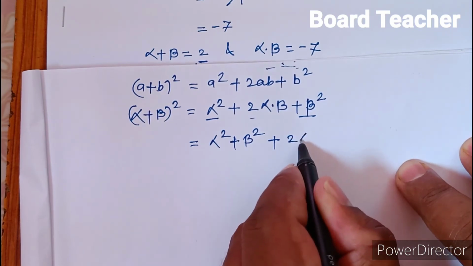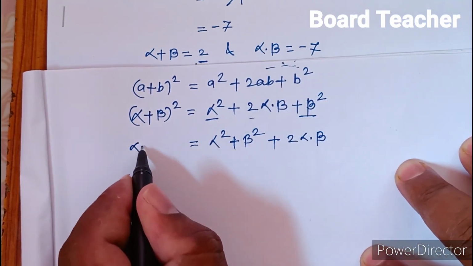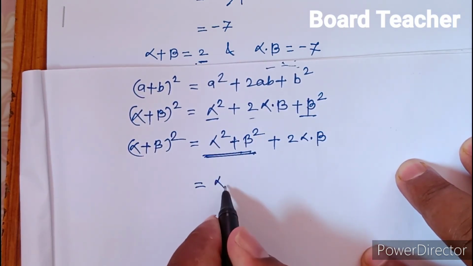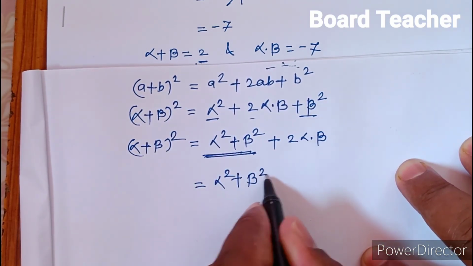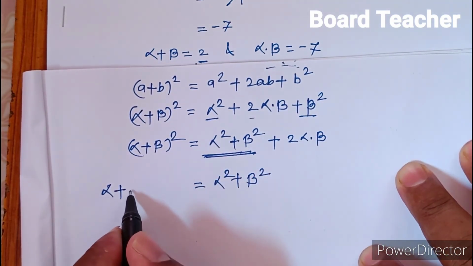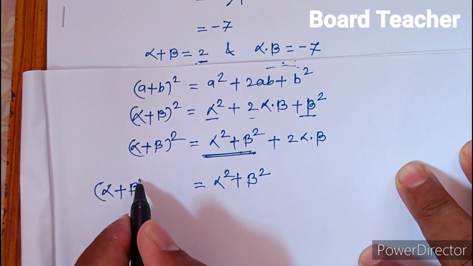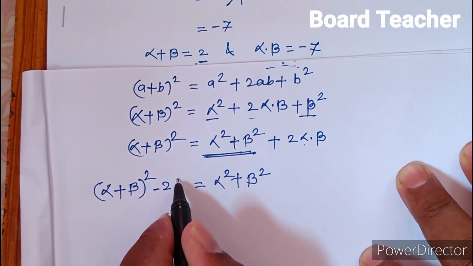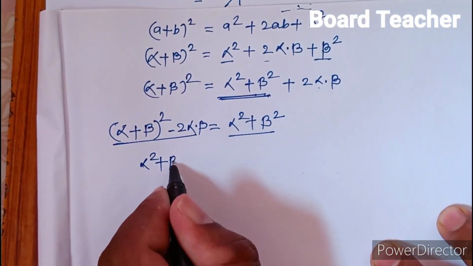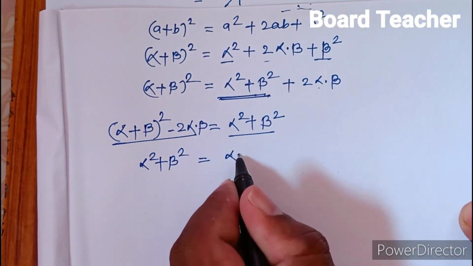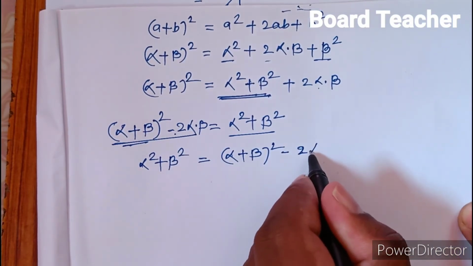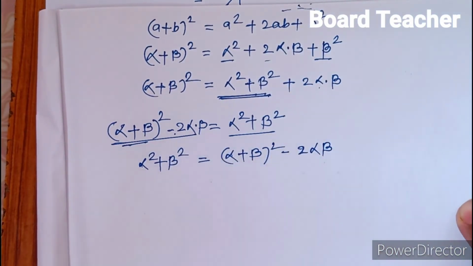Now we shift this 2 alpha dot beta, and shifting of sides, we get alpha square plus beta square equals to alpha plus beta whole square minus 2 alpha dot beta. We have interchanged the sides.